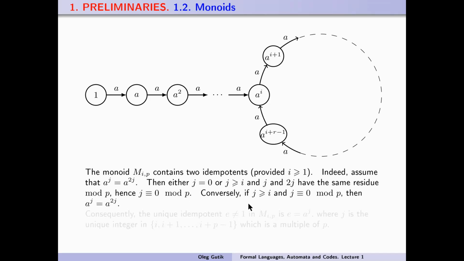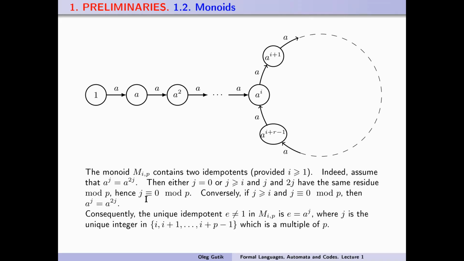Conversely, if j is greater than or equal to i and j is congruent to 0 modulo p, then a to the power j is equal to a to the power 2j.